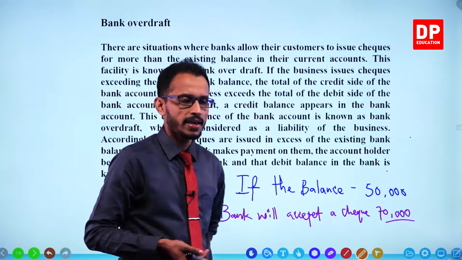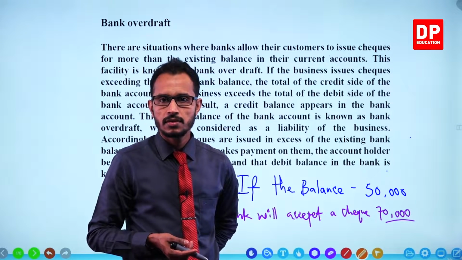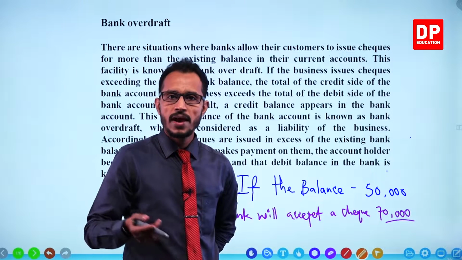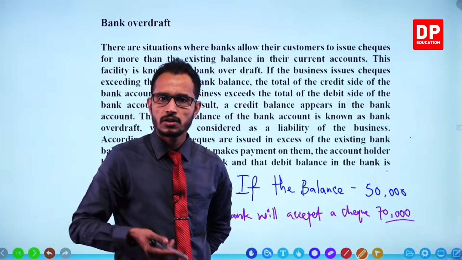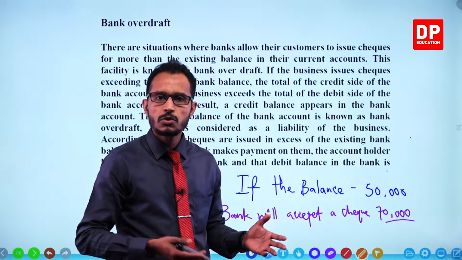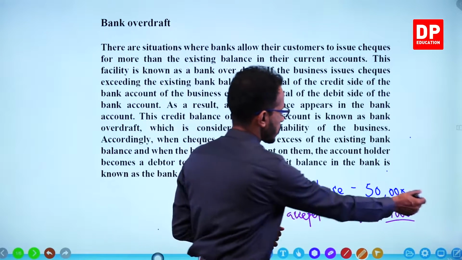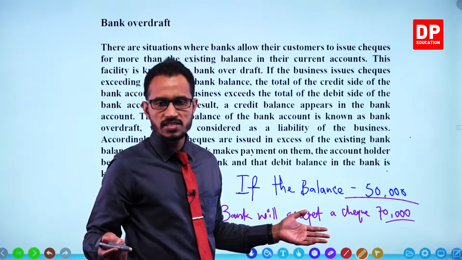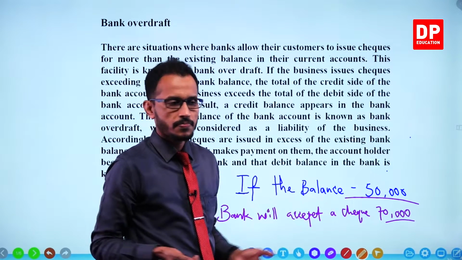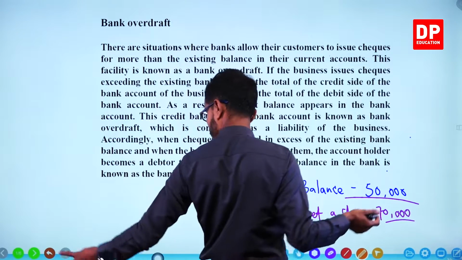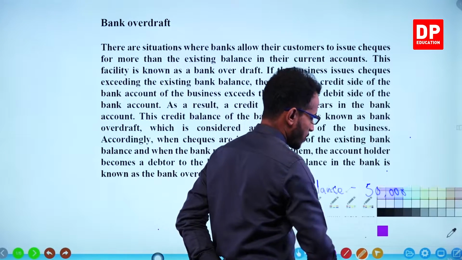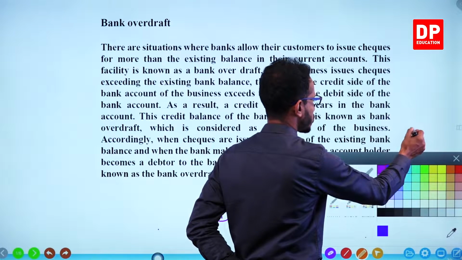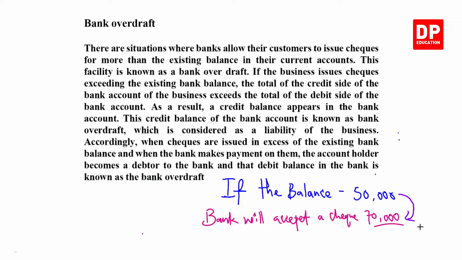So how is the bank going to pay, you ask me. If only 50,000 is in my account, the bank is going to put in the remainder or the shortage. The bank is going to fill in 20,000 from the bank's own money, from their side.